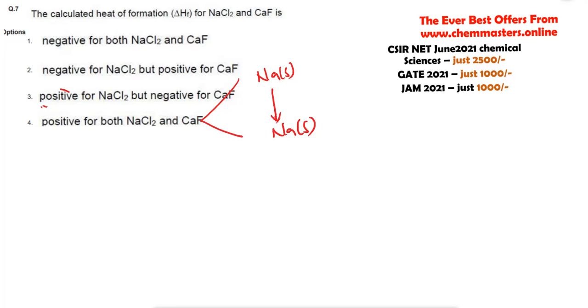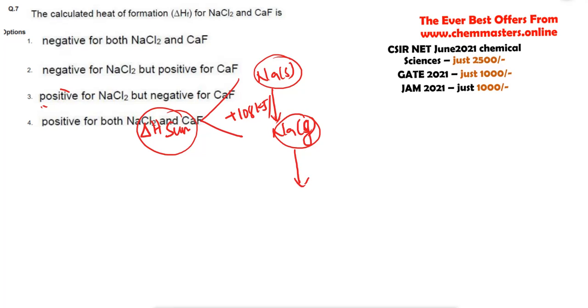We call the conversion of solid to gas sublimation. So the change in enthalpy of sodium solid to sodium gas, that is the sublimation, is calculated as plus 108 kilojoule per mole.